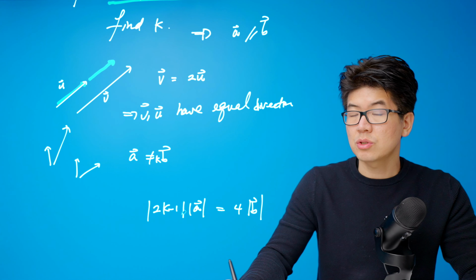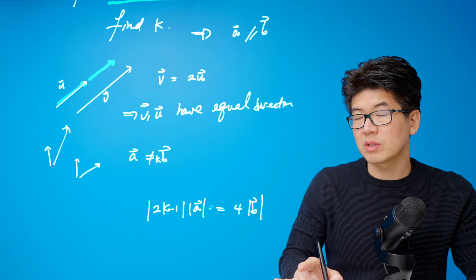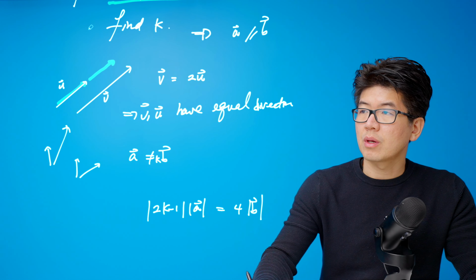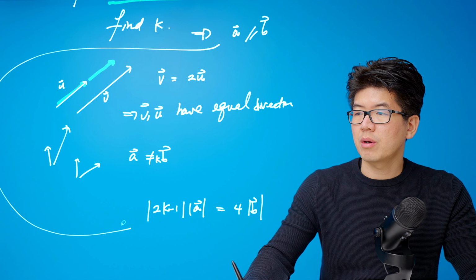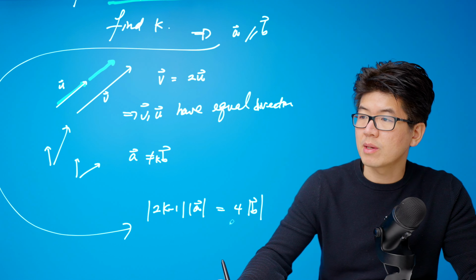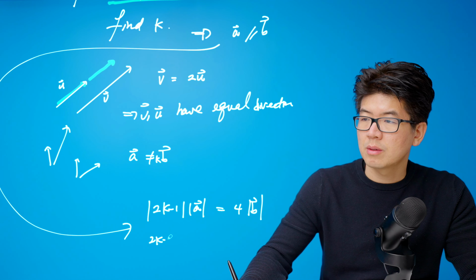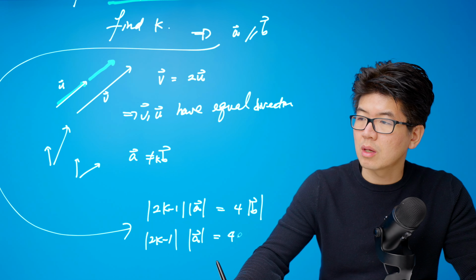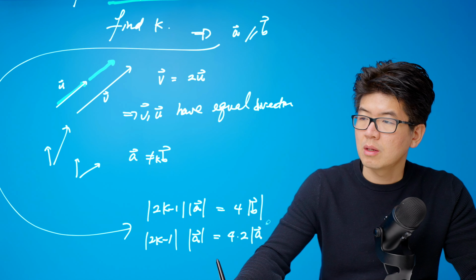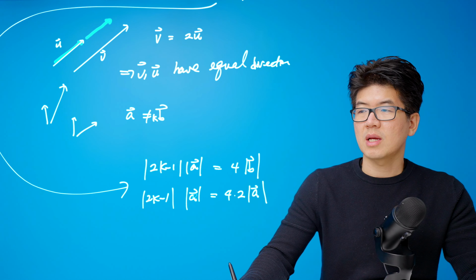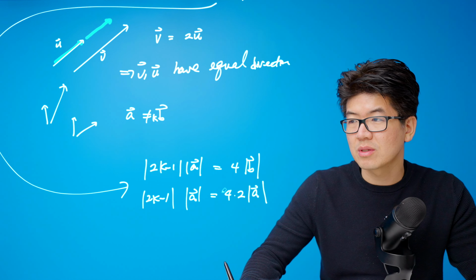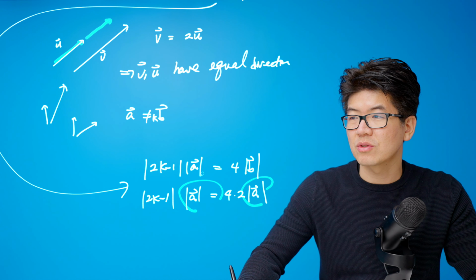Because they're parallel, now we can replace the magnitude of b with 2 times the magnitude of a. This absolute value symbol means we just care about the magnitude.